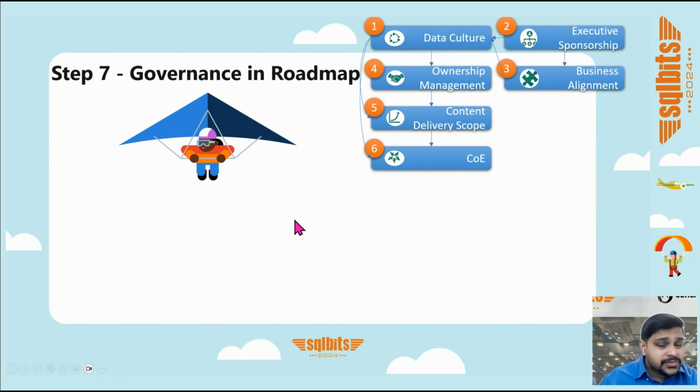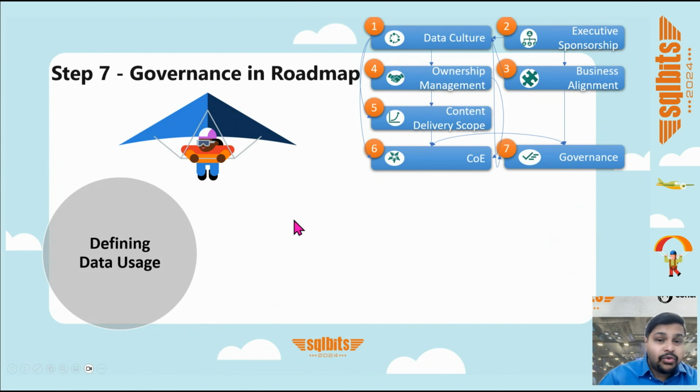Now, the 7th point or 7th step that Microsoft suggests is governance. In terms of governance, you have 4 different steps that you can take. You can define your data usage, right? What are the different data uses that your organization can have? It's actually the foundation for responsible and efficient data management.